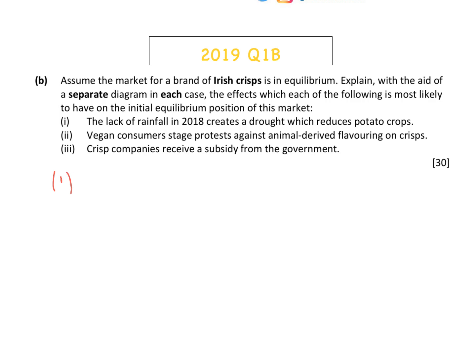the lack of rainfall in 2018 creates a drought which reduces potato crops. Okay, so that's an unplanned factor. Alright, it's a drought, so it's going to affect supply, and supply is going to shift left because it decreases. Second one, vegan consumers stage protests against animal-derived flavouring on crisps.